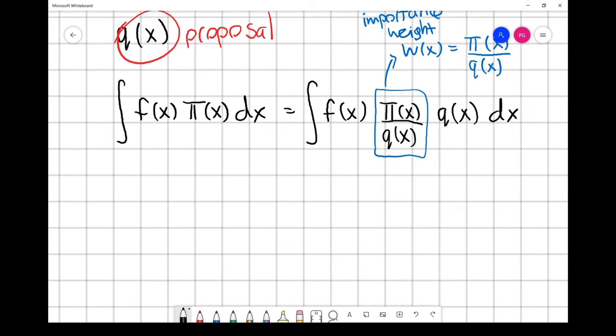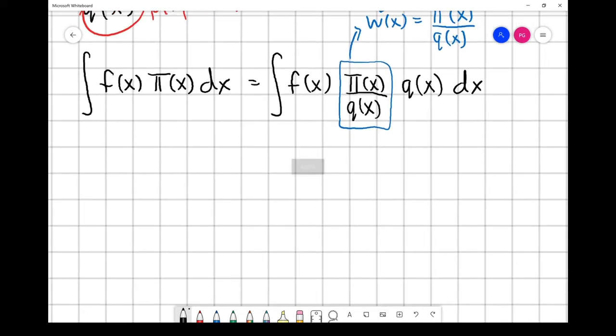So, why did we bother doing this? Well, now let's write down our Monte Carlo estimate of this. Because now, rather than, if you remember before, estimating f of x by generating samples from pi of x, we can think of it as saying we're going to try and estimate f multiplied by w using samples that are generated from q.